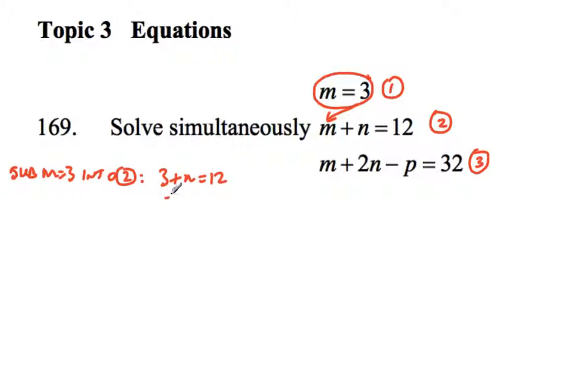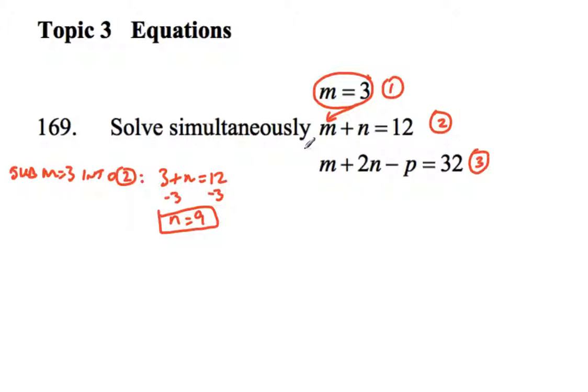If we solve that, we'd minus 3 both sides. N equals 9. Now interestingly, the first equation is actually one of our solutions. In the end we're trying to find a value for m, n and p. They've very helpfully told us the value for m straight away. So that's pretty handy. And we just found a value for n.